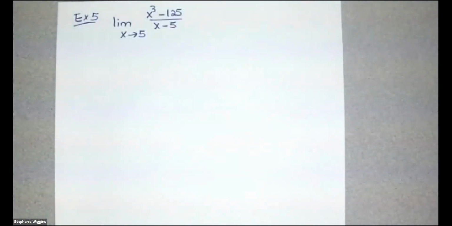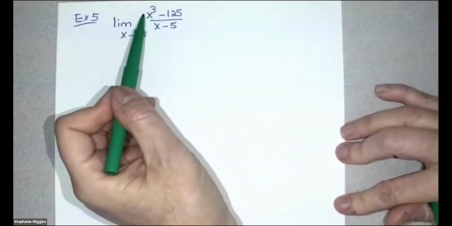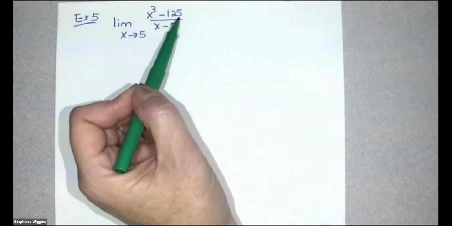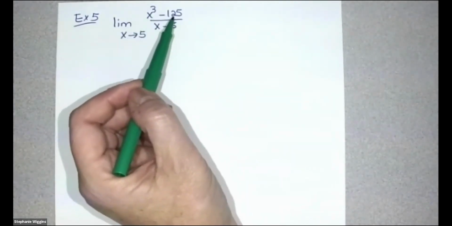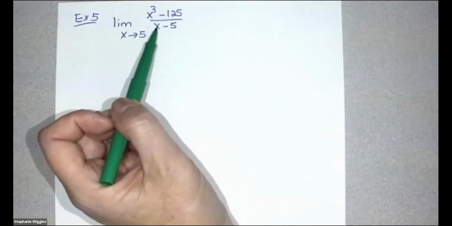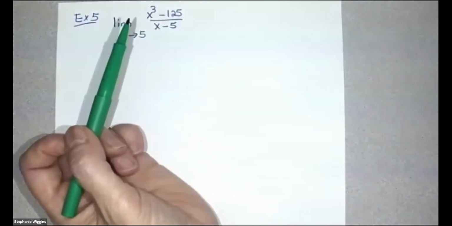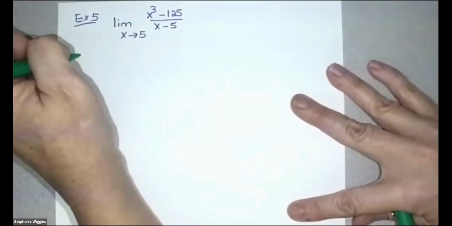And just to refresh your memory on how to factor that, you'll notice if I plug in 5 here, 5 cubed minus 125 is 0 because 5 cubed is 125 and you subtract 125. And then if I plug 5 in here, I get 0 also. So we have the same situation, 0 divided by 0. So I want to factor.